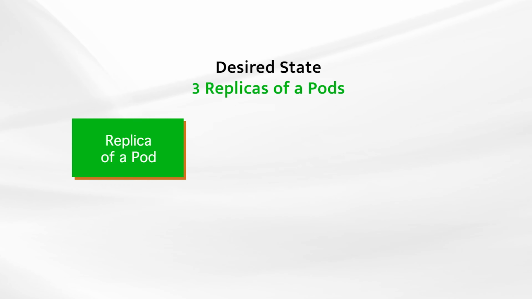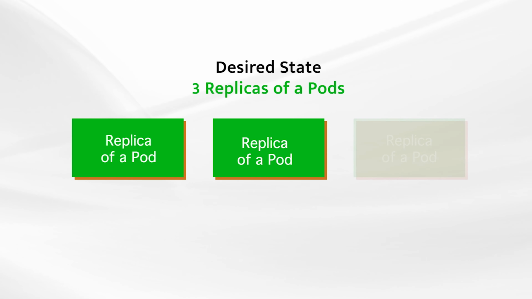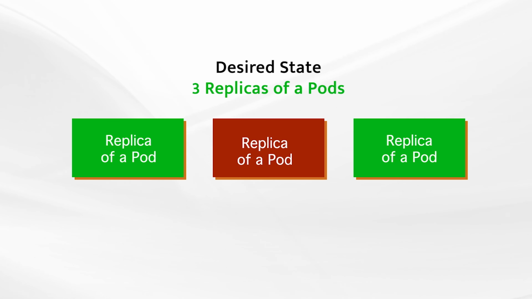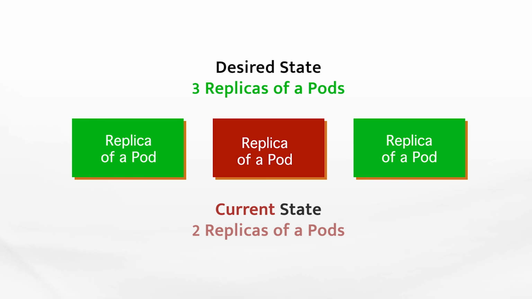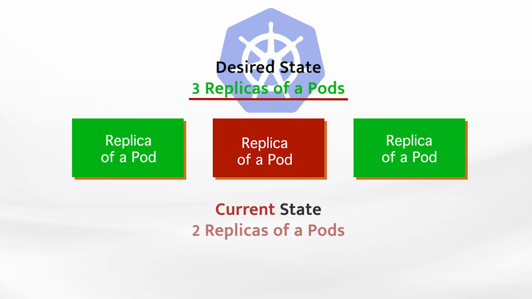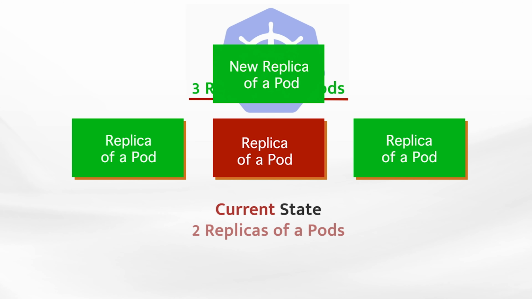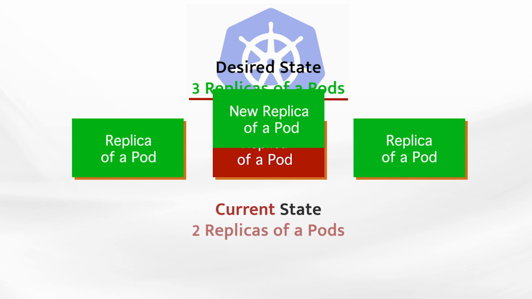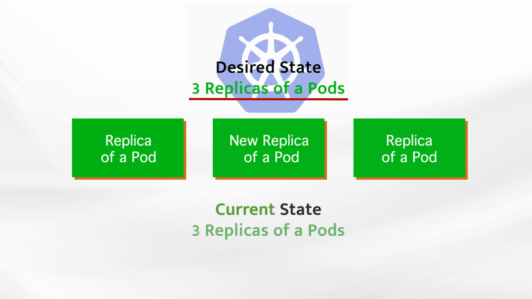For example, if a desired state includes 3 replicas of a pod and a node running 1 replica fails, the current state is reduced to 2 pods. Kubernetes observes that the desired state is 3 pods and then schedules 1 new replica to take the place of the failed pod and assigns it to a new node of the cluster.